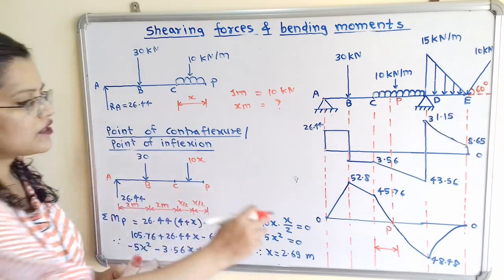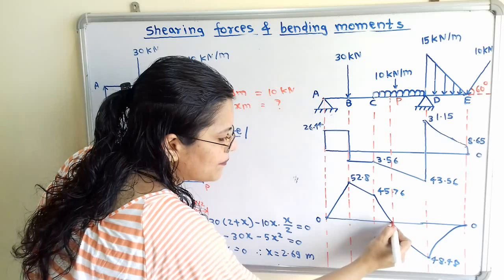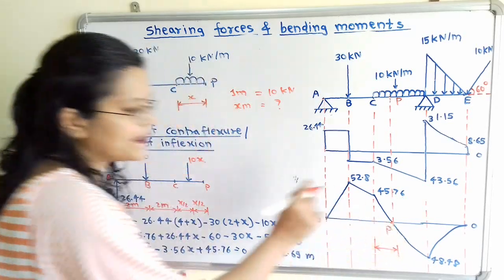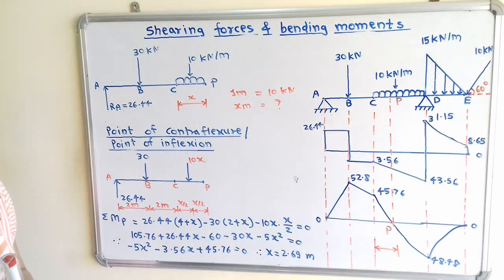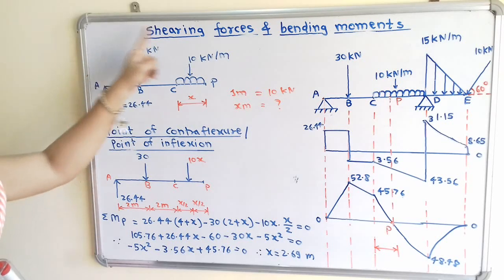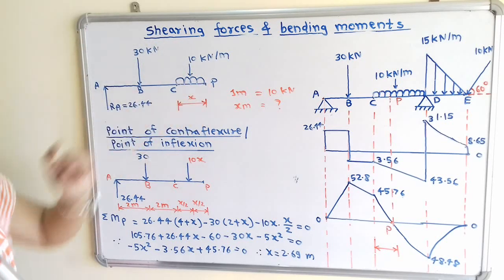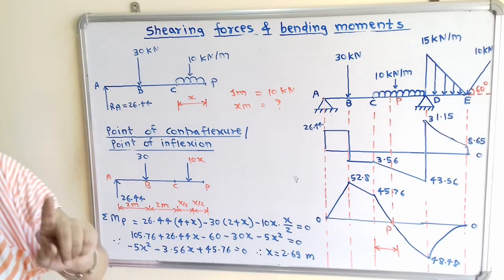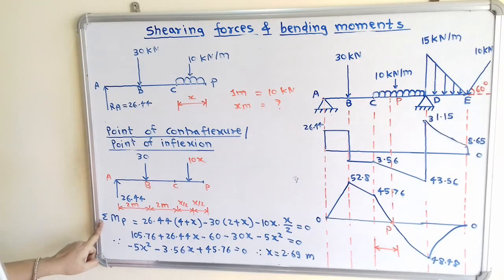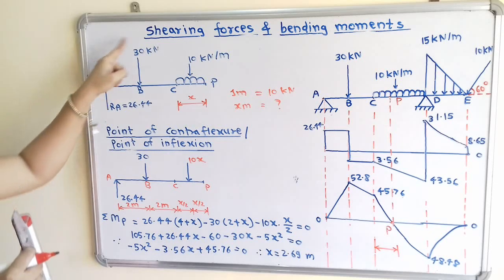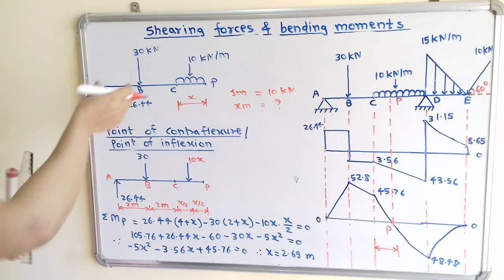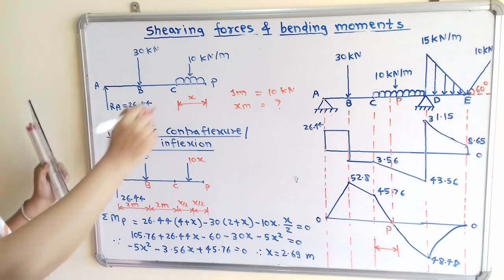Now how to find out the distance x? If we observe this diagram, we know that the bending moment at point P is equal to 0. So when we consider the summation of all the moments about point P, we have to show it is equal to 0. Some moments are in clockwise direction and some in anti-clockwise direction.